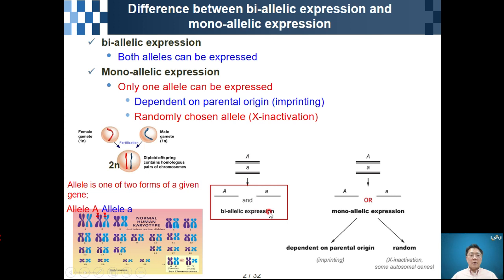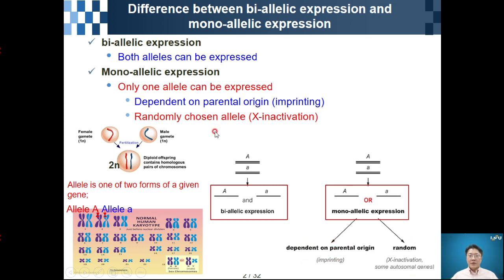However, monoallelic expression means that only one allele can be expressed, only large A or only small a. The expression is dependent on parental origin, which we call imprinting.